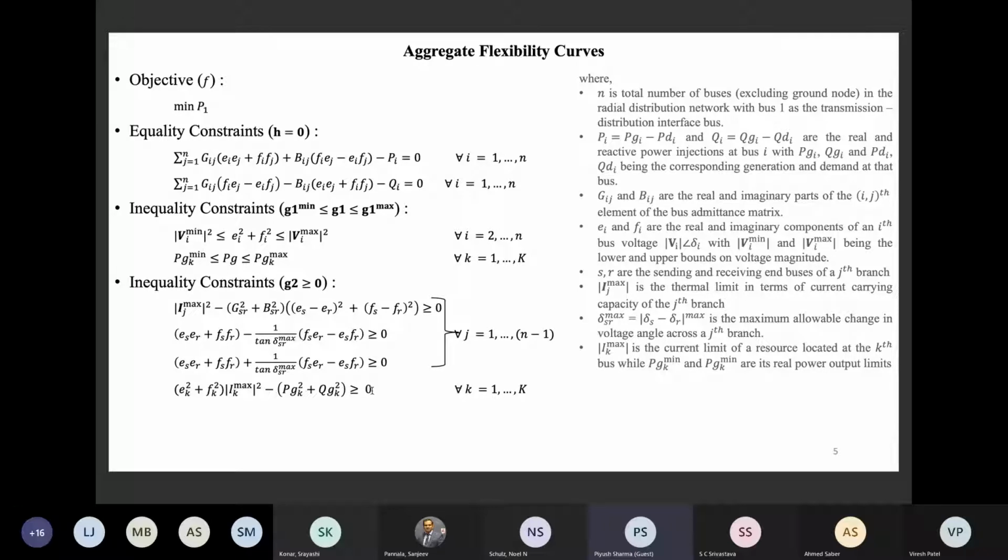This represents the power output limit in terms of current limit of a distributed generator. So the last inequality constraints in G2 and in G1 actually represent the capability curve of each individual distributed generator, which is essentially, very roughly, a semicircle for a DG and a complete circle for a battery.